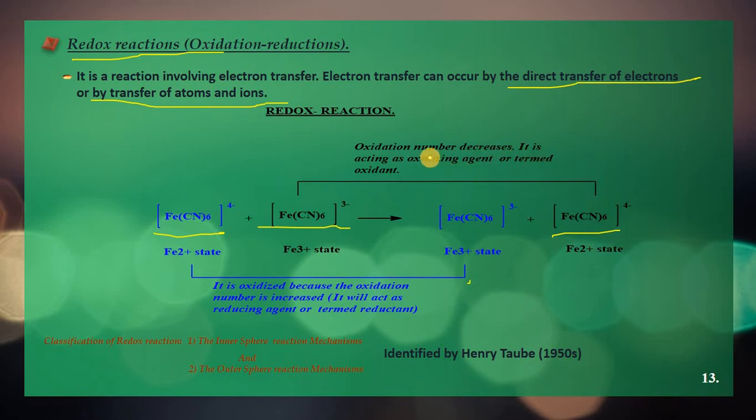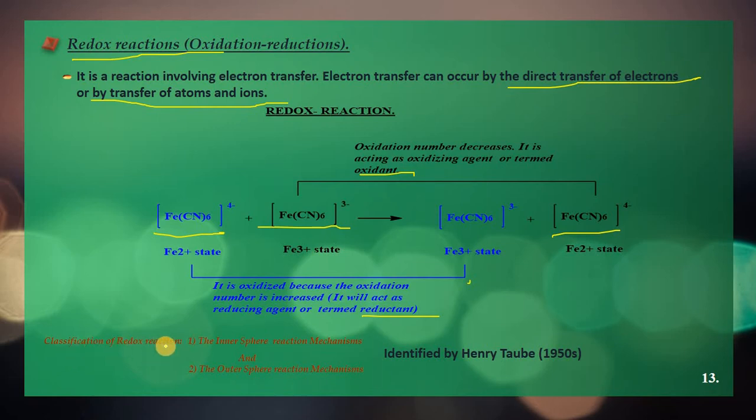Because the oxidation number tends to decrease, we call it oxidant, and it is undergoing reduction. So it's acting as an oxidizing agent, while this one will act as a reducing agent.